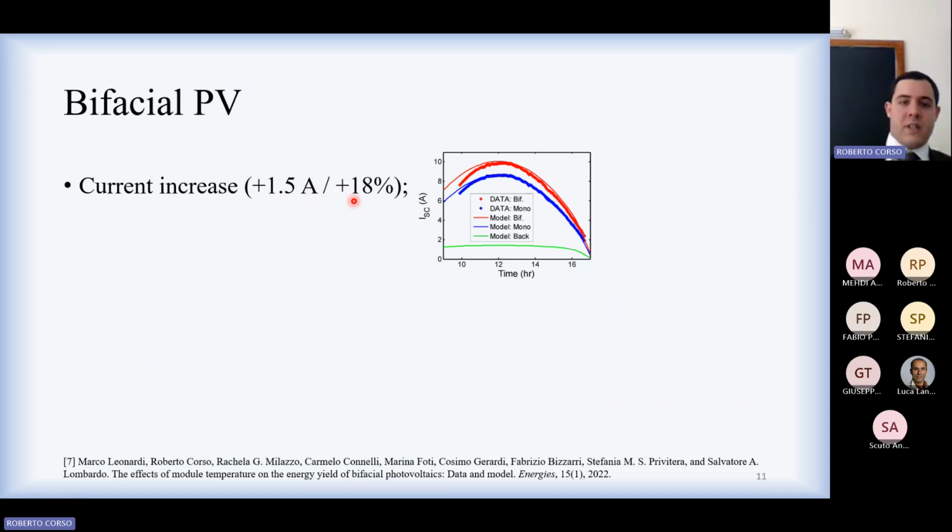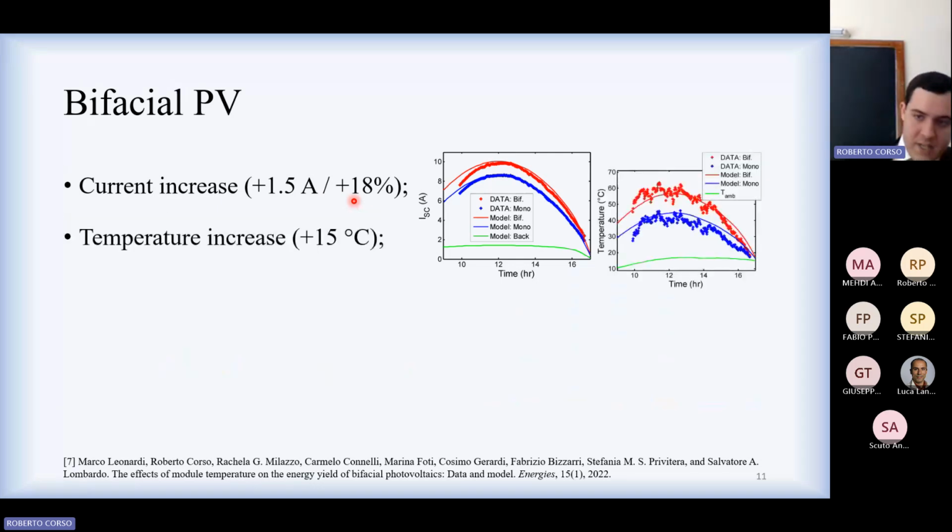That corresponds to a current increase of about 18%. We also measured the temperature of the modules, and we can see that there is a significant increase in module temperature for the bifacial cells of about 15 degrees Celsius.